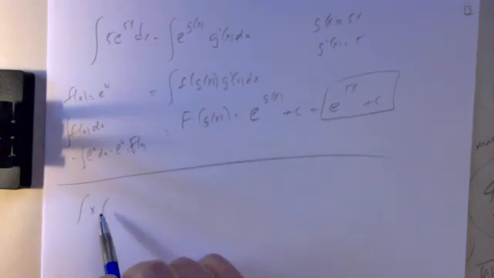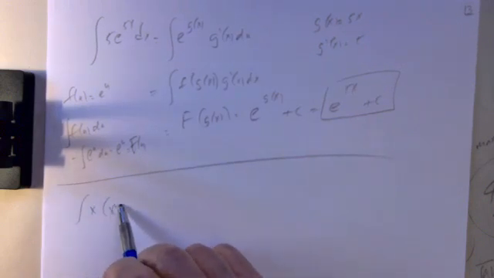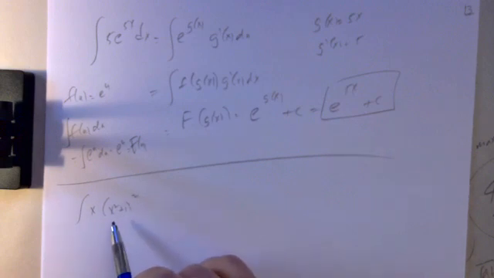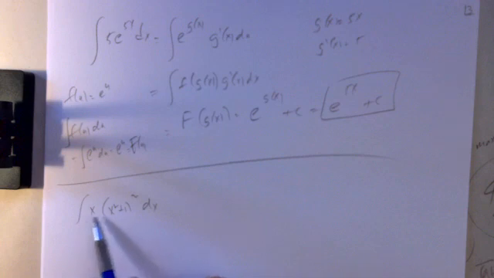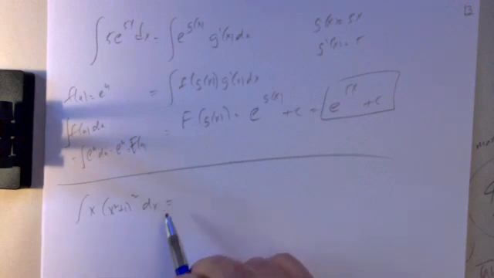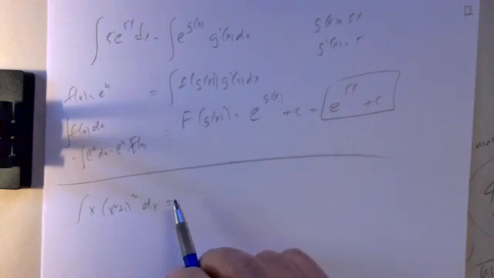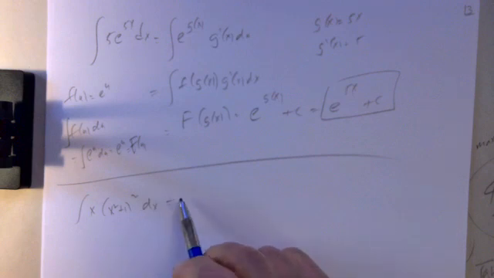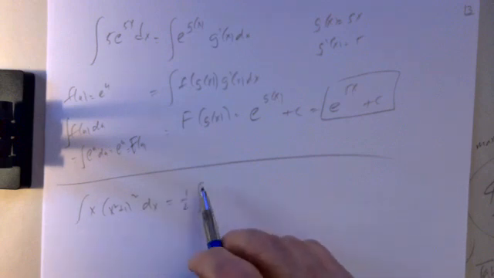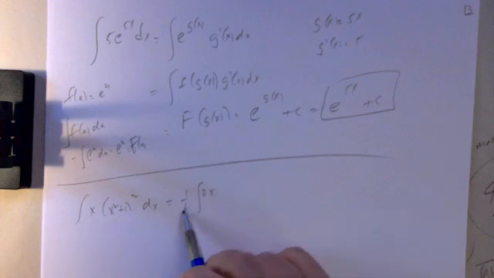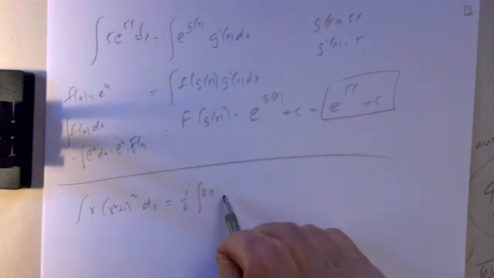So you have x times x squared plus 1 squared dx. This is almost like the problem we had before, except we need a 2x here instead of an x. But you can always write 1 as a half times 2. This is 1/2 the integral of 2x times x squared plus 1 squared dx. Half times 2 is just 1, so I haven't done anything.